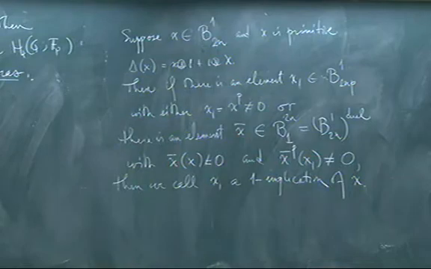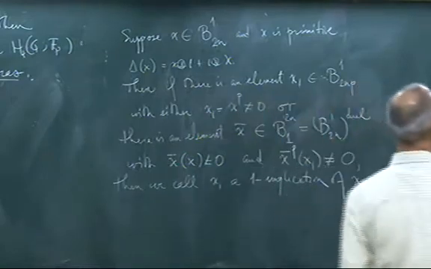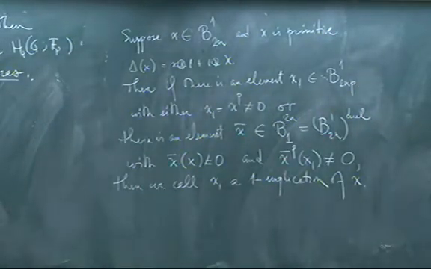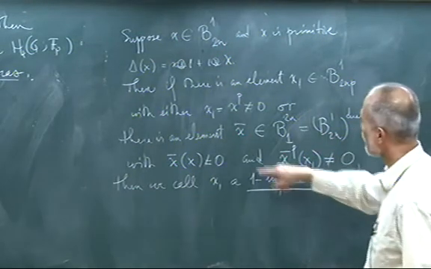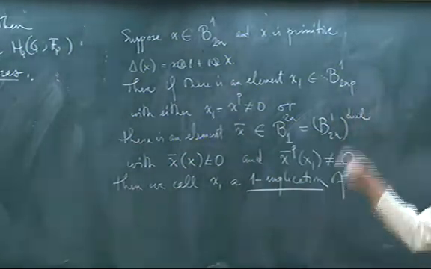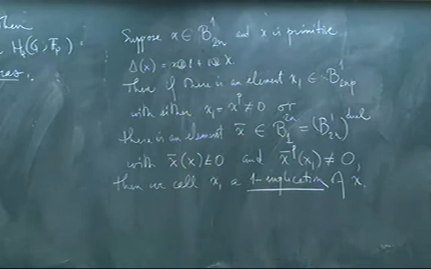So that's the definition of a 1 implication. A 2 implication would be a 1 implication of x1. And an infinite implication would be a list of elements starting with X and then x1, x2, x3, each one of them a 1 implication of the previous.